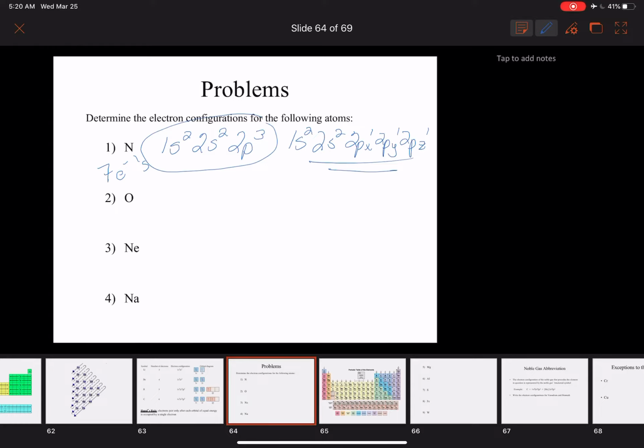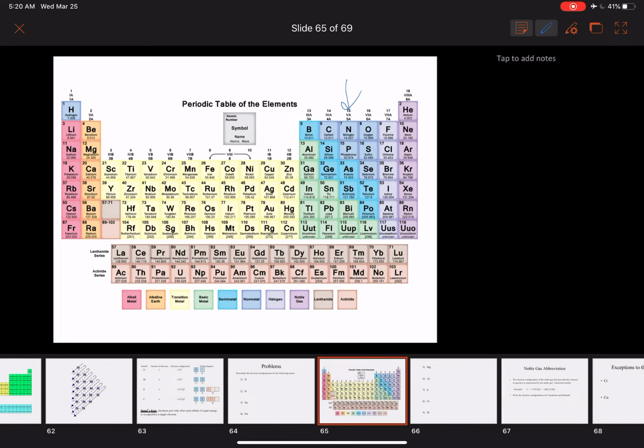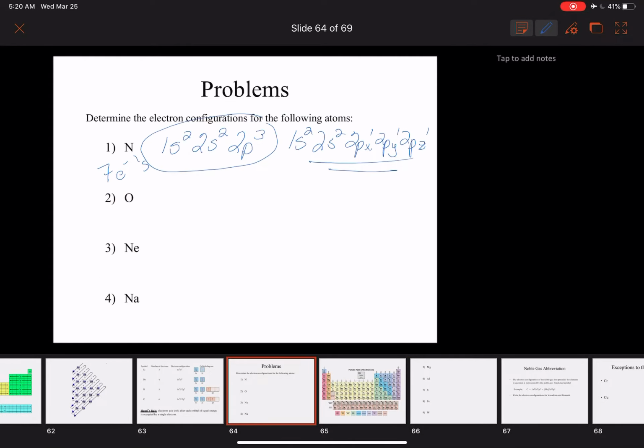All right, moving on to oxygen. Oxygen is atomic number 8, and that means that we've got 8 protons and we've got 8 electrons. So the first 2 are going to go in the 1s orbital.